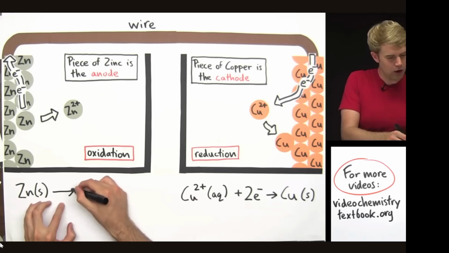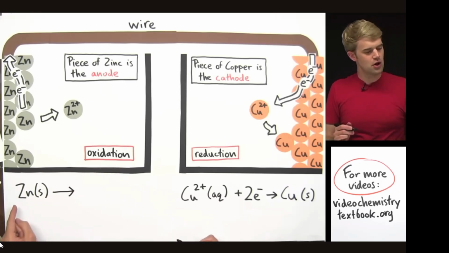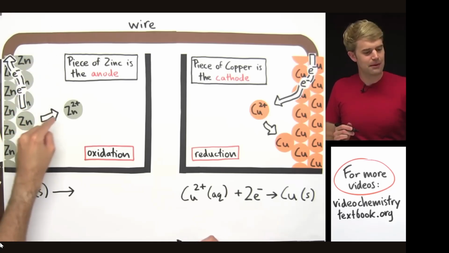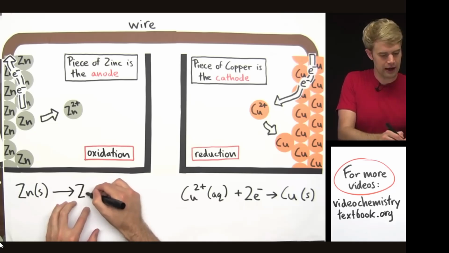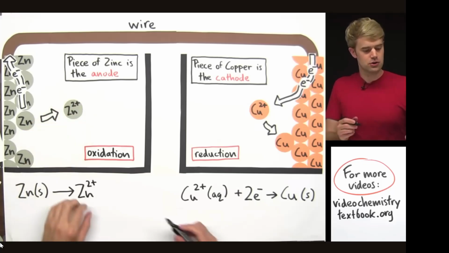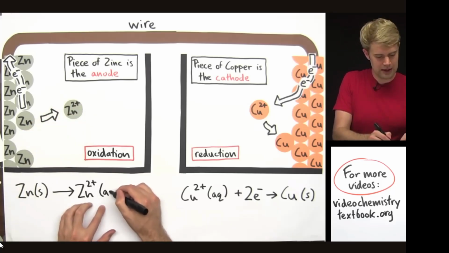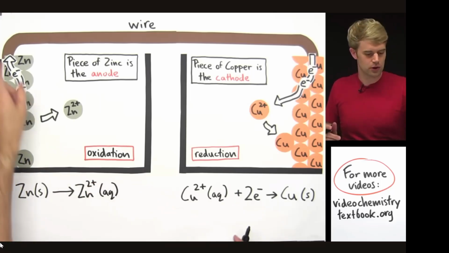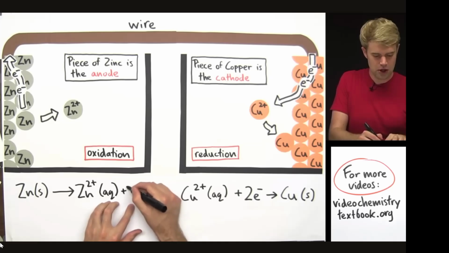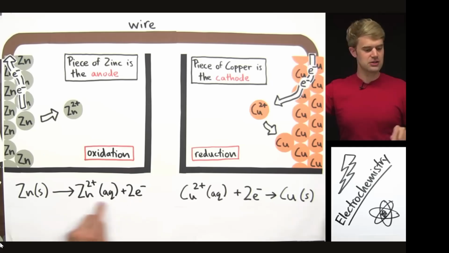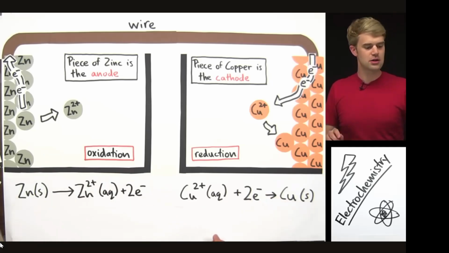I'm going to put this arrow. I'll leave the electrons for last. Losing the electrons turns the neutral zinc atom into a Zn2+ ion, that is now dissolved in solution. So I'll write aq here. And then finally, to show that I lost those 2 electrons, I'll put plus 2e- on this side. So this is the reaction for the oxidation.